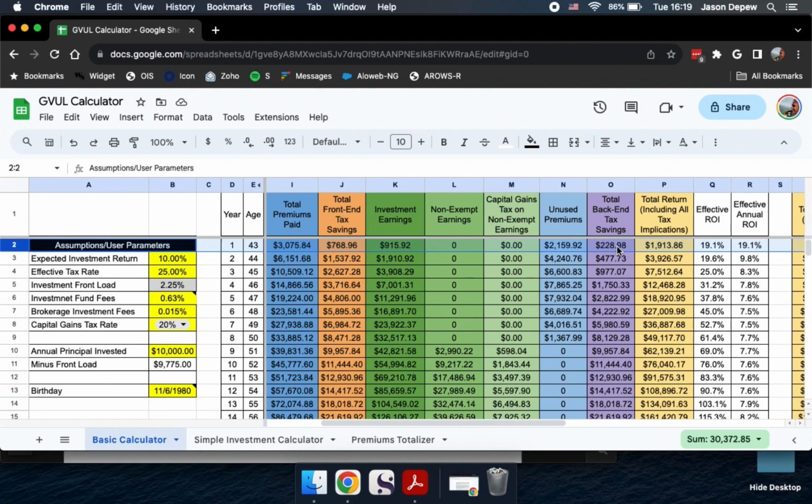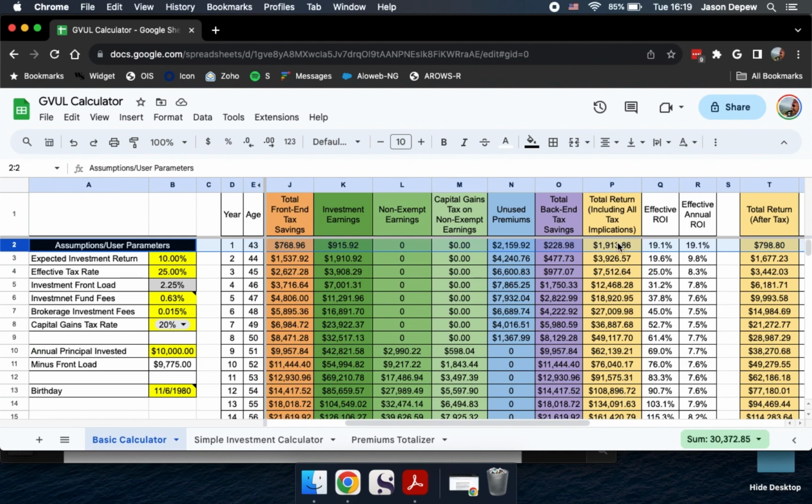So what that says is, if your investment earnings are less than your premiums paid, then all these investment earnings are exempted from taxes, and so that's your savings. If they exceed it, then your back-end tax savings are based on what is exempt, which is up to the value that Delta's put in, and it's in this column here. If you look at the formulas for a couple minutes, it'll make more sense.